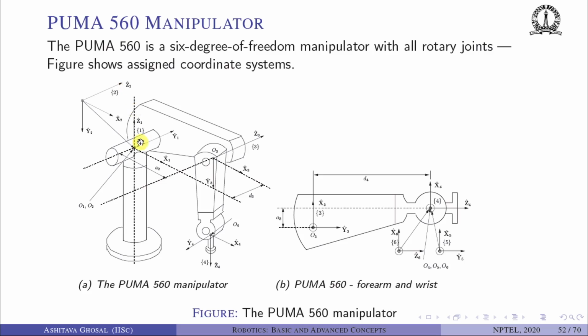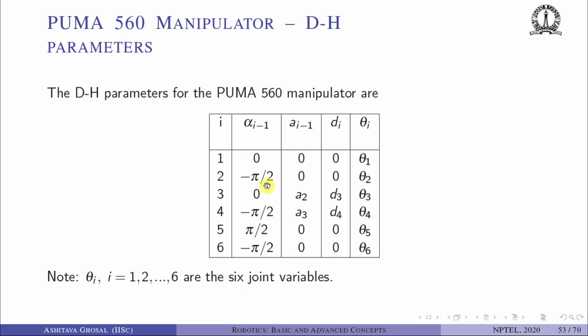If you do the right-handed rule from z1 to z2, I have to go by 270 degrees, or minus pi by 2. z1 is like this, and I have to go all around to z2 about x1. So this is minus pi by 2. How about a i minus 1 for link 2? It is 0 because the axes are intersecting, and then we have theta 2. So this is minus pi by 2, 0, 0, theta 2.